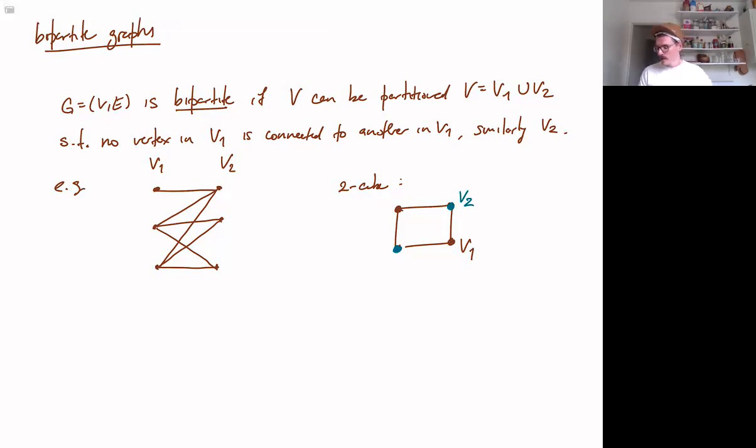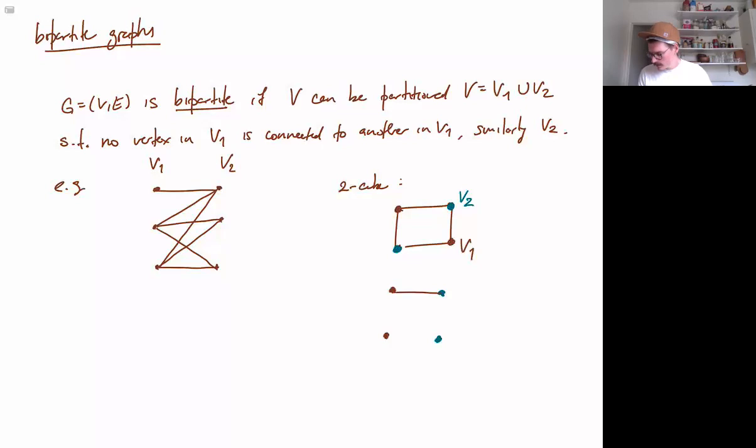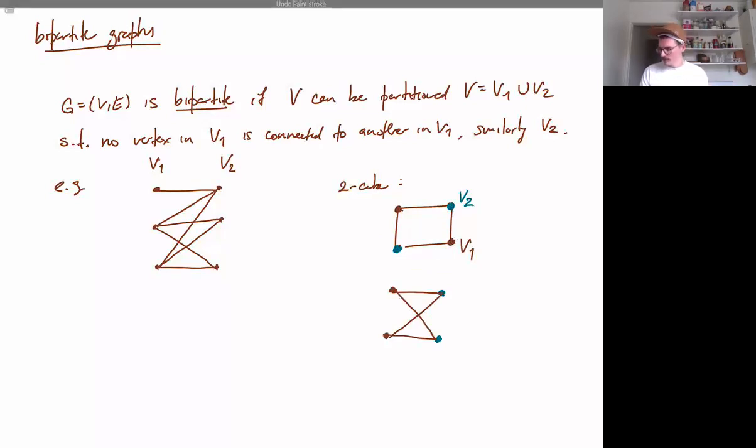So if you wanted to draw it in the bipartite style, you would draw both of the V1 vertices over here, and then both of the V2 vertices over here. And your connections, let's see. So it would look like this. So it's basically if you take this, maybe this edge, and you flip it around. You twist it, and then you get this graph below. So this is another example of a bipartite graph.